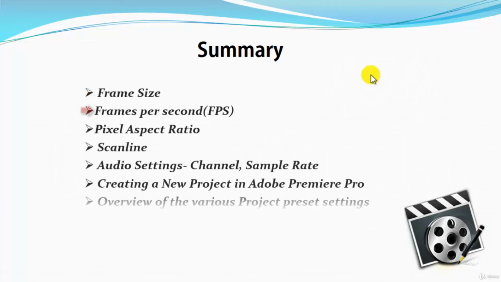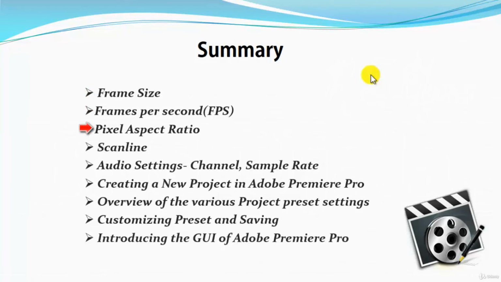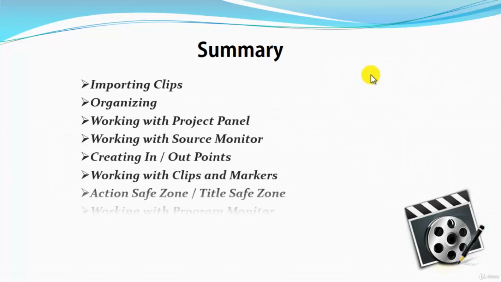Frame sizes, frames per second, pixel aspect ratio, scan line, audio settings, channel sample rate, creating a new project in Adobe Premiere Pro, overview of the various project preset settings, customizing your own preset and saving it, introducing the GUI of Adobe Premiere Pro. So these are the different areas and points which have been covered in our video.